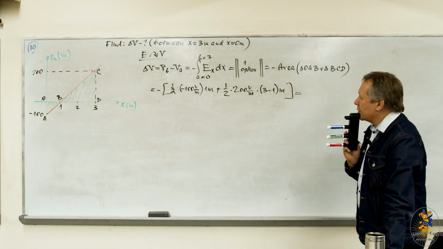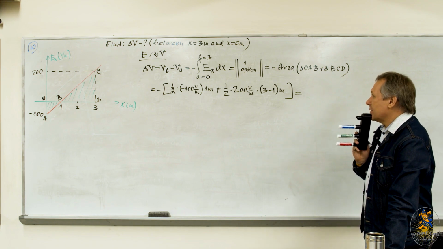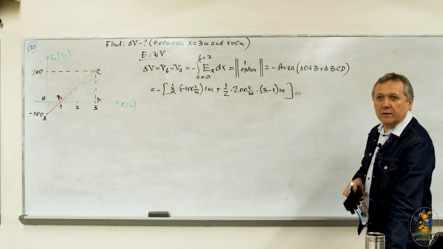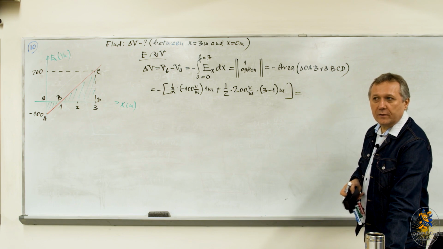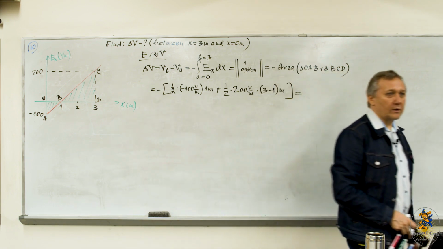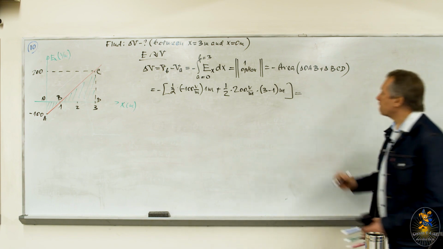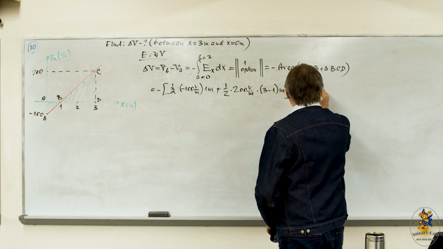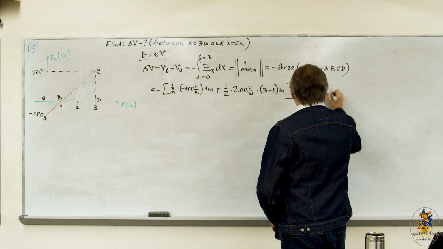So let's do the calculations: minus 50 plus 200, so it's 150 in the brackets, positive, and minus in front, so it's negative 150 volts.